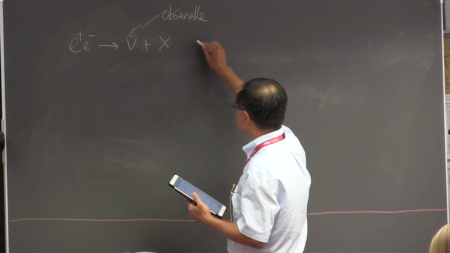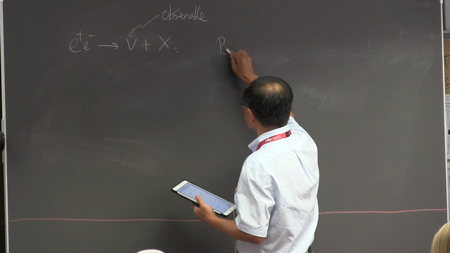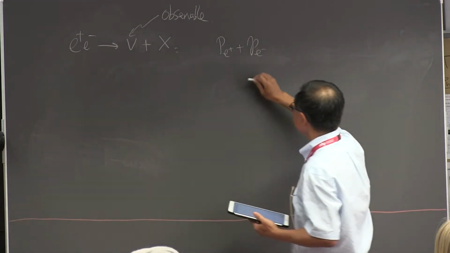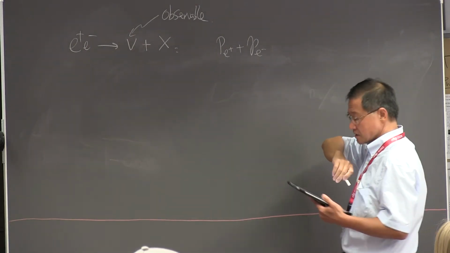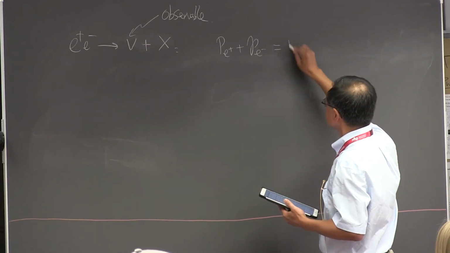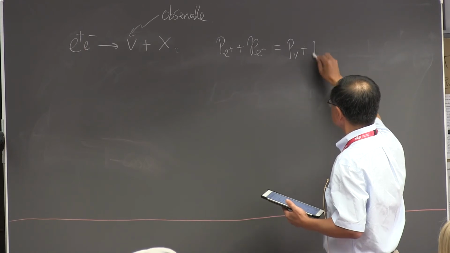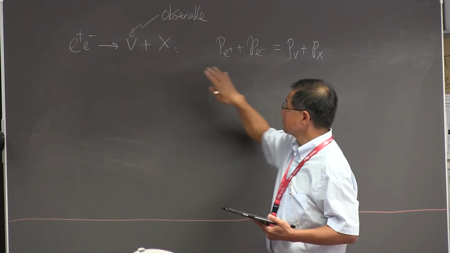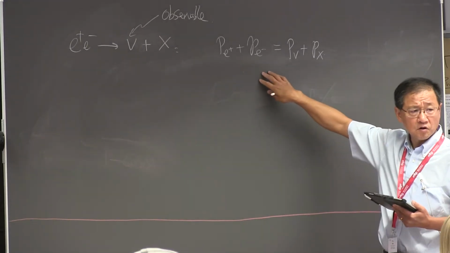Then because of the energy momentum conservation, the initial state full momentum, full components, in a sense, will have to be balanced by the final state. Because of the well-defined kinematics, these four components are all well-defined, all measurable.